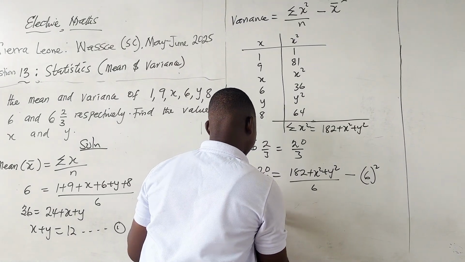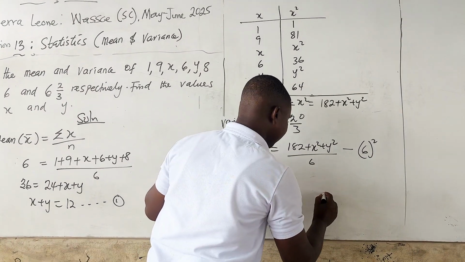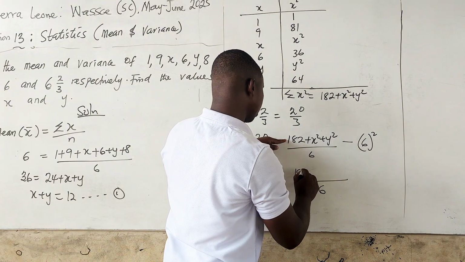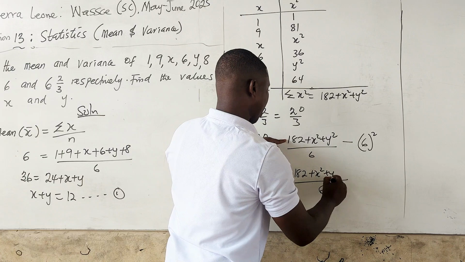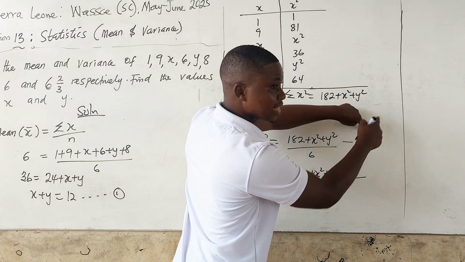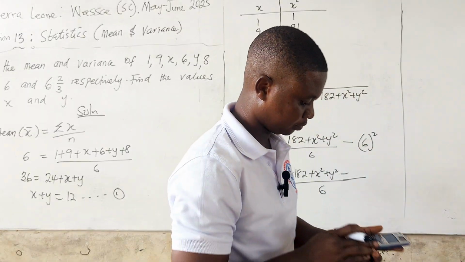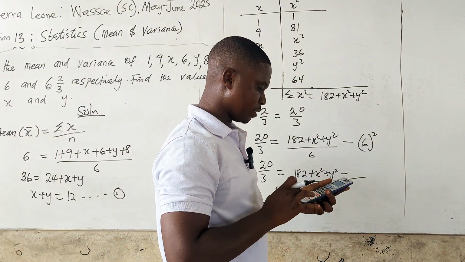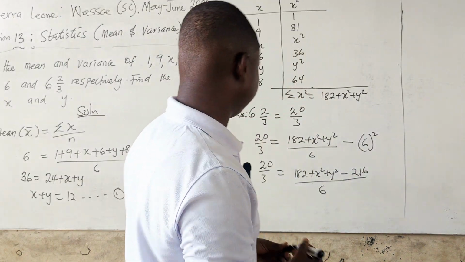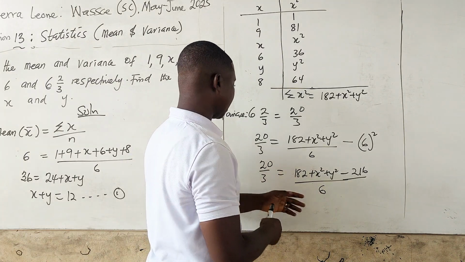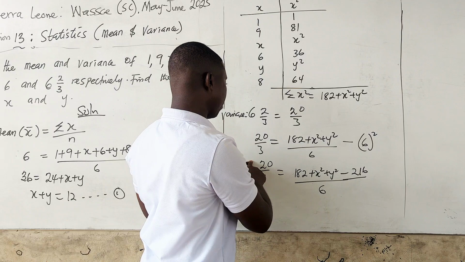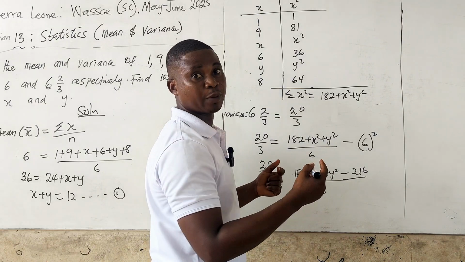So 20 out of 3 is equal to, the LCM for this one will be 6. So we have 182 plus x squared plus y squared minus, this one is also 36, so 6 times 36, 216, minus 216. At this stage, I can do some cross multiplication, multiplying both sides by the LCM 6.